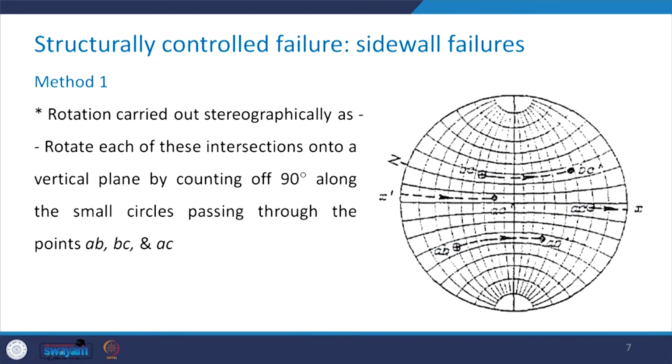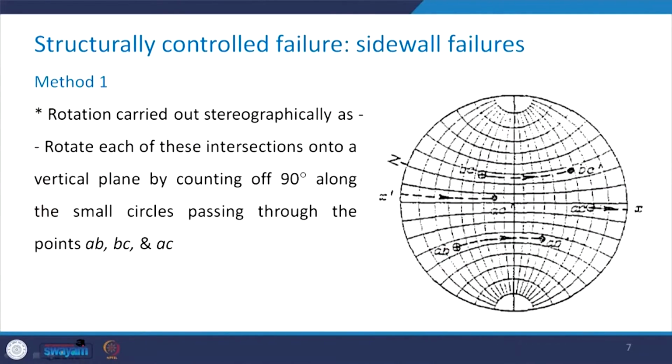So, once we know these points, we rotate each of these intersections onto a vertical plane by counting off 90 degrees along these small circles which are passing through the points AB, BC and AC respectively. Take a look here.